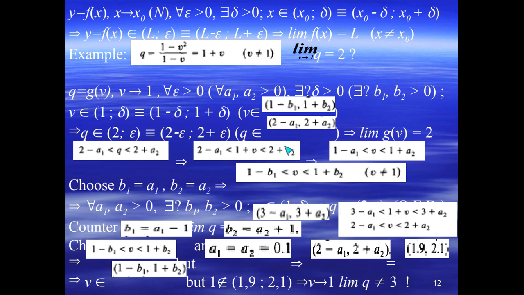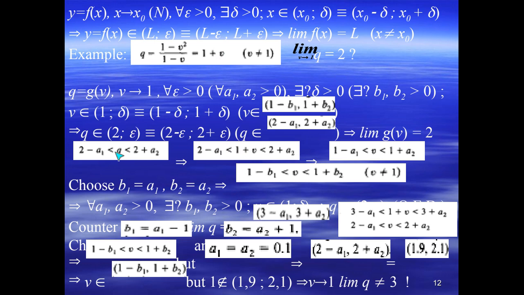We should check it. q, the function, should be between 2 minus a1 and 2 plus a2: 2 minus a1 less than q less than 2 plus a2. If so, and if v is not equal to 1, it approaches 1 but is never equal to 1, then we can simplify and use the function as 1 plus v.